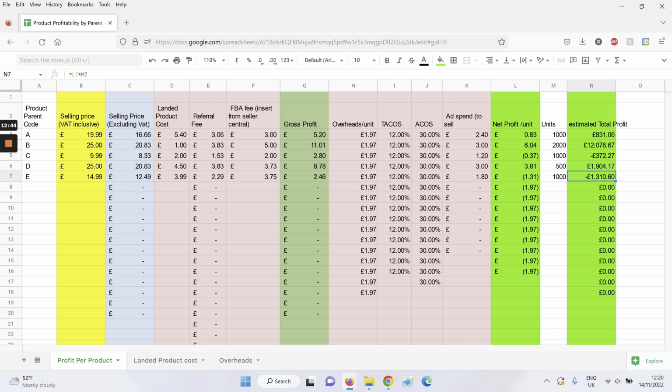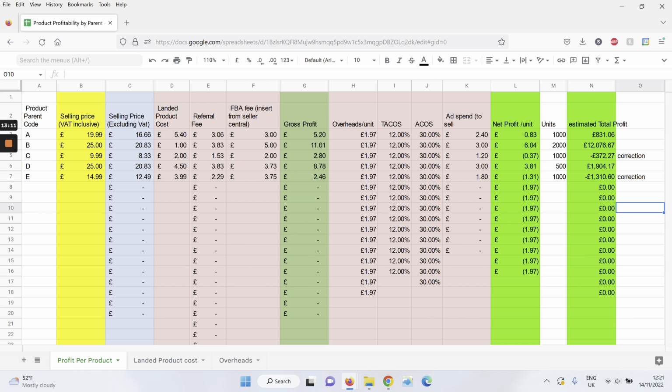This is why you need to do this every few months and course correct. Now, this needs correction. You either need to raise your price. Or correction could be that you want to maybe clear this product out. It just depends what's going on with this product, and these are the decisions this will help you make.